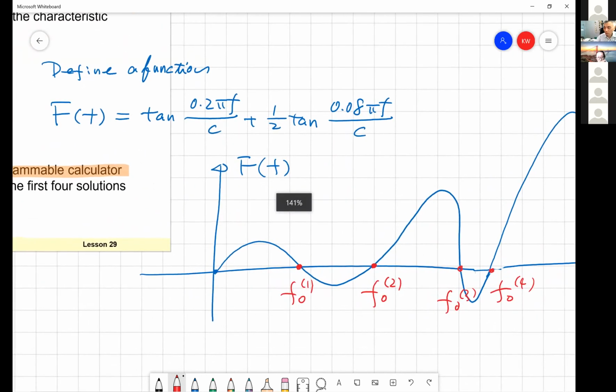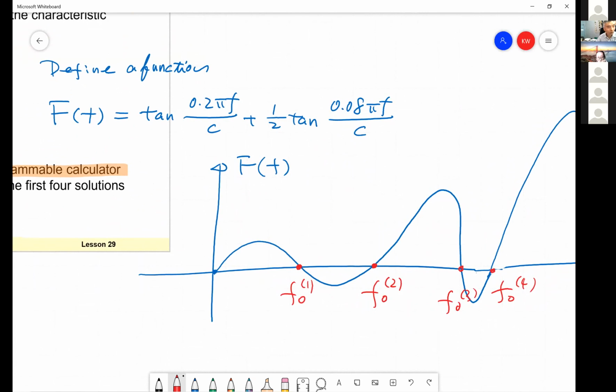So one way is what we call the bisection method, right? If I can find this and this, and I calculate that this function is positive and this function is negative, for sure we have a root. If you have a root, then we divide by half. Then I measure this point against this point.